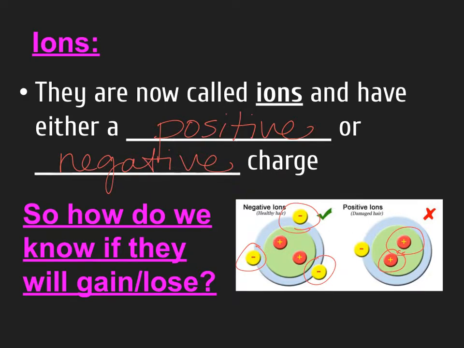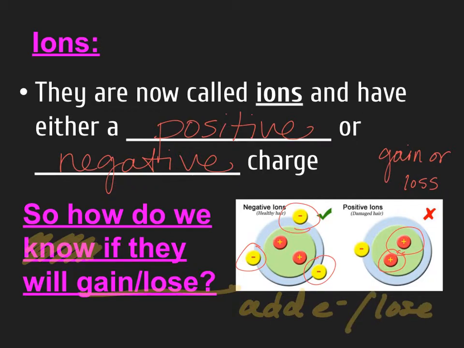So just like we practice calculating, getting them equal, now I'll be calculating but looking at the difference after the gain or the loss. So the big question then becomes, how do we know if they will gain or lose? What determines if they're going to be adding those electrons or losing those electrons?